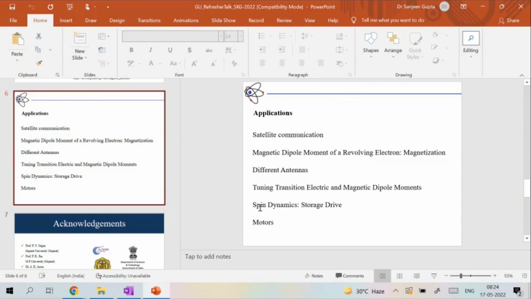Different motors also use the concept of electric and magnetic dipole moment. I have given this list just to showcase to you, but there are plenty of applications of electric and magnetic dipole moment.